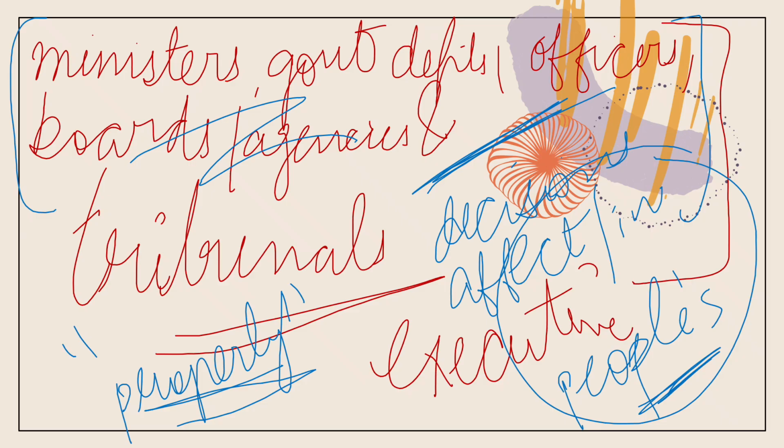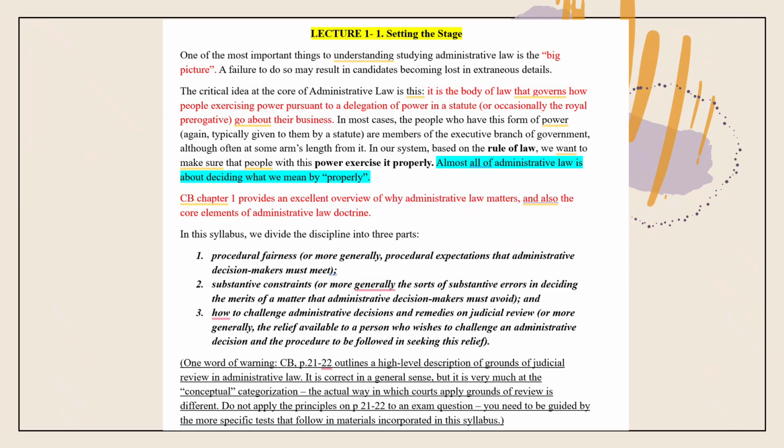Now I will take you again to the syllabus so that we can read out what we left behind. In most cases, the people who have this form of power, typically given to them by a statute, are members of the executive branch. We have already discussed who those people can be, like ministers, etc. In our system, based on the rule of law, we want to make sure that people with this power exercise it properly. So this is where we left our last slide.